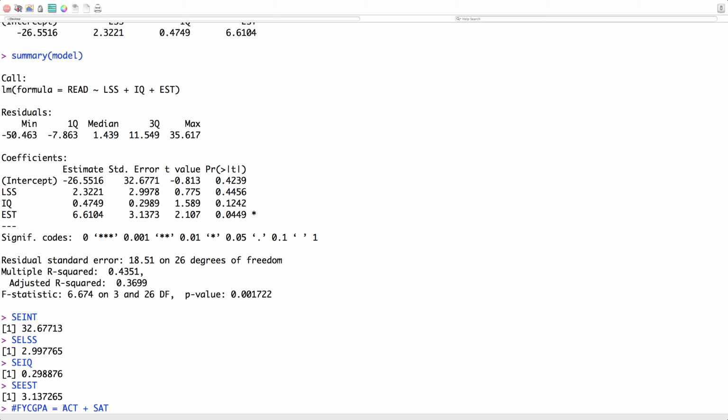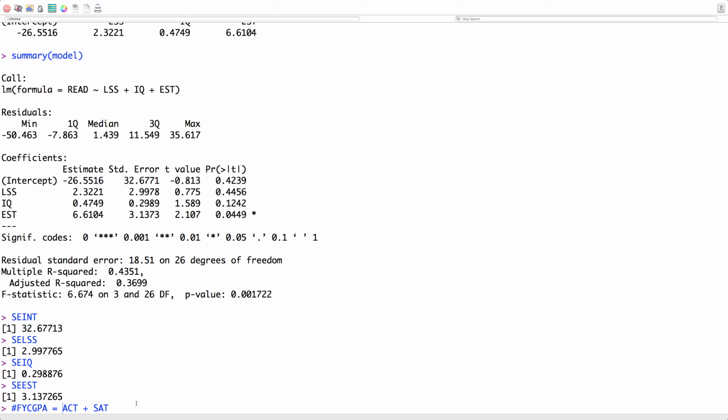Let's say, for instance, that I don't want to put numbers in there because I don't know how it would turn out. Nevertheless, what I want you to focus on are the interpretations, first of all, for ACT. If we were going to interpret the coefficient for ACT, we would say controlling for the SAT score, the predicted first-year college GPA will increase according to what the coefficient is for the ACT.